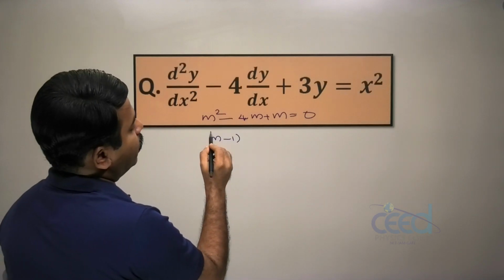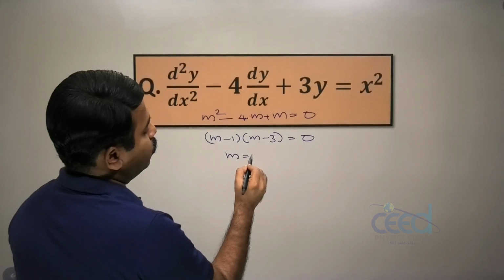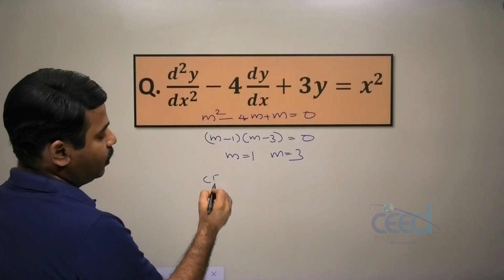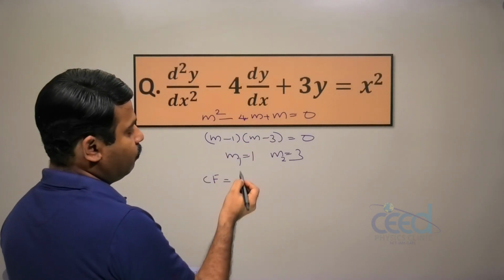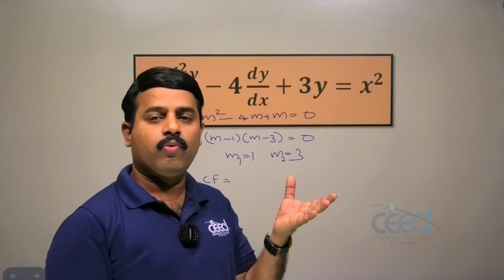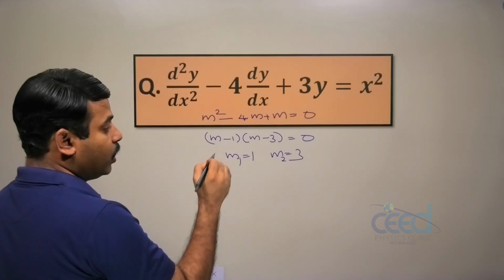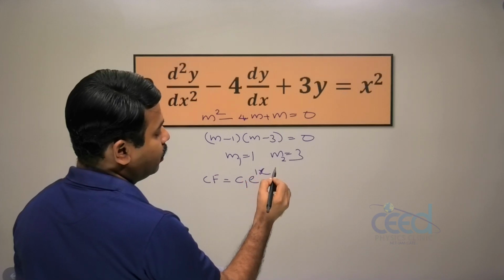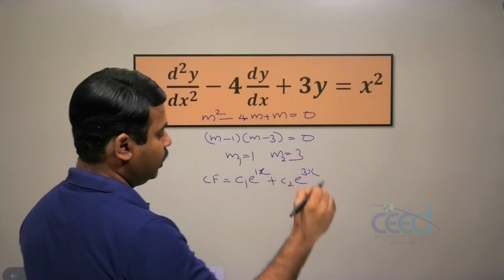This is m minus 1 into m minus 3 equal to 0, that is m is equal to 1 and m is equal to 3. Say this is m1 and this is m2. If m1 and m2 are different, you can write the solution as c1 e raised to m1x, that is 1x, plus c2 e raised to m2x, that is 3x.